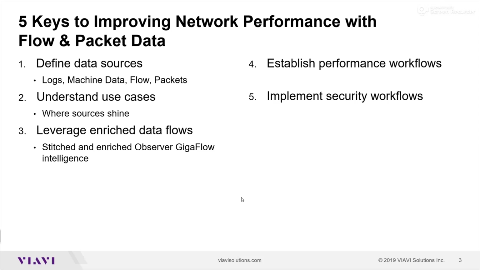And then understanding how to leverage these multiple sources, using Observer GigaFlow as a backdrop, where I'll turn it over to Mike to go through a performance workflow as well as a security workflow to show the capabilities when you're using these sources combined. That's essentially what we're going to be looking to do today.